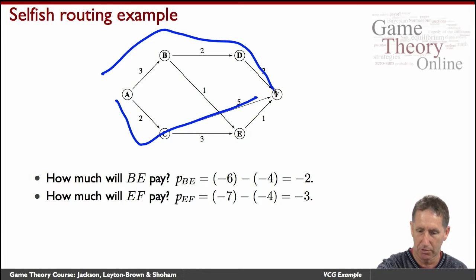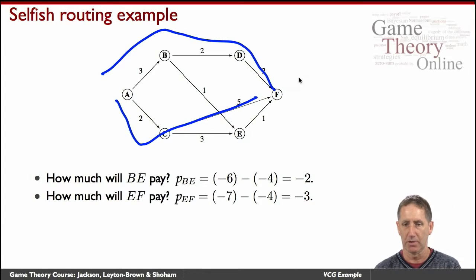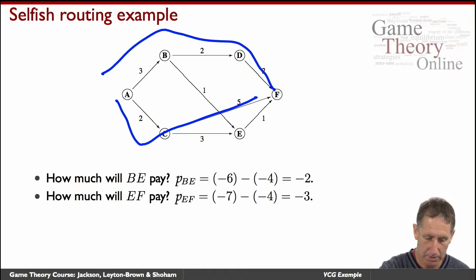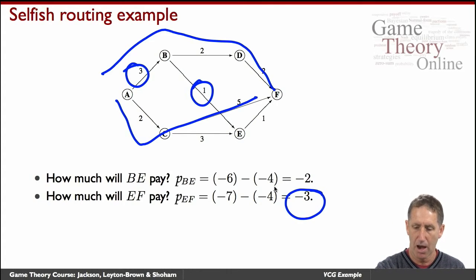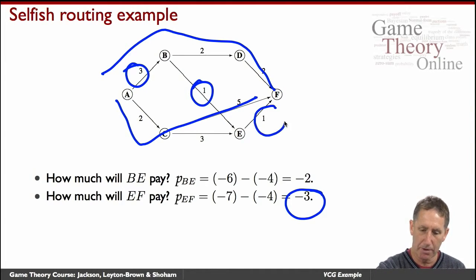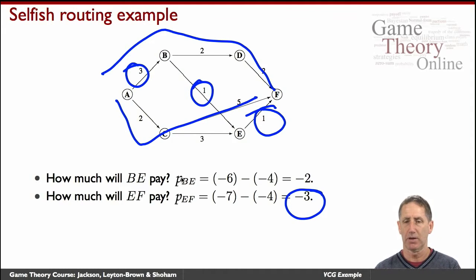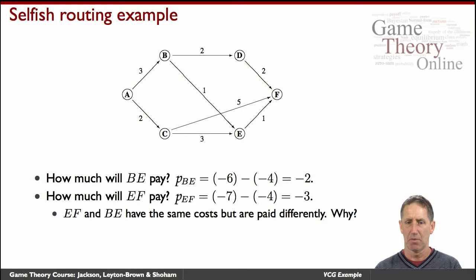In both cases, the cost of the shortest path would be 7, so the total cost to the population without them in the picture would be 7. With them, the cost is, again, the 1 plus 3. It's a 4, and so they get the difference of 3. So the payment would be 3, and therefore the net profit, if you wish, would be 3 minus 1, namely 2.